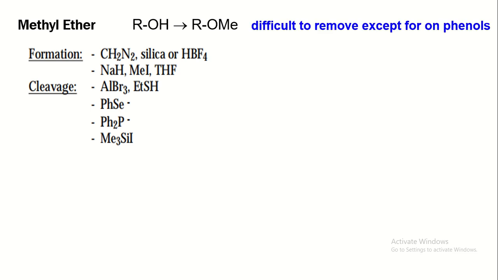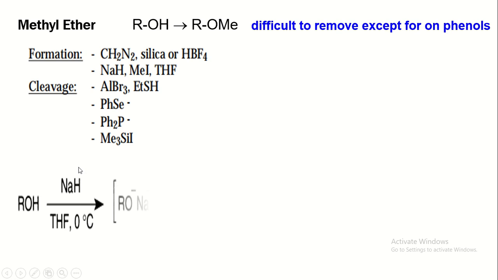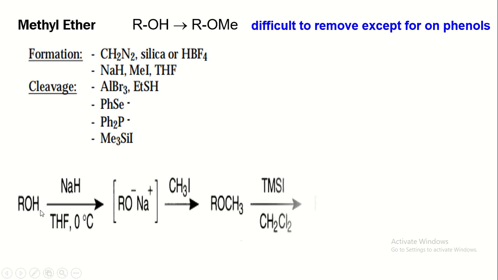This reaction has one drawback: deprotection cannot be easily done, except in the case of phenol. First, the base abstracts the proton from OH to become an alkoxide ion. Then this alkoxide ion attacks CH3 to form methyl ether, that is the protected form, and then deprotection can be done by using TMSI in CH2Cl2.